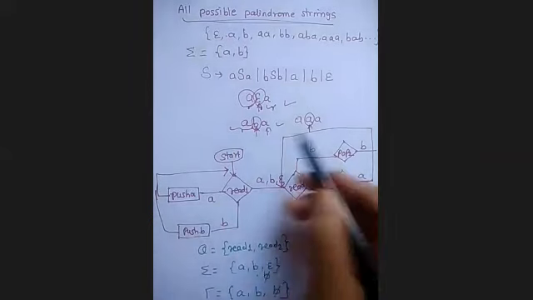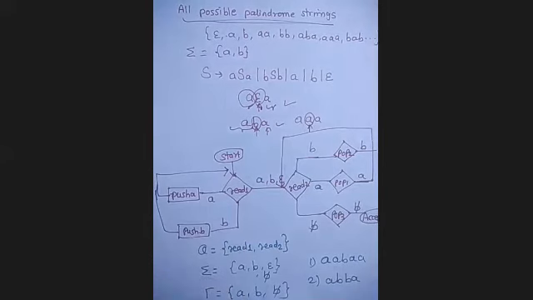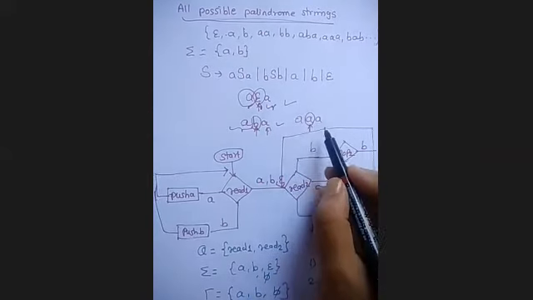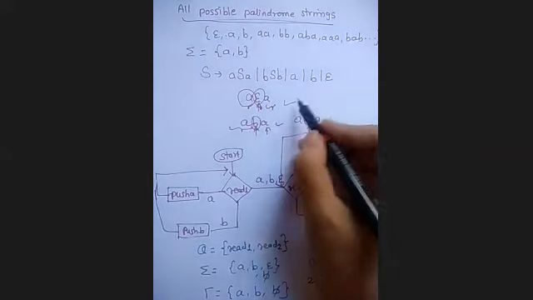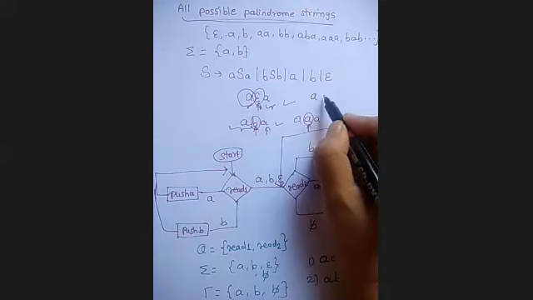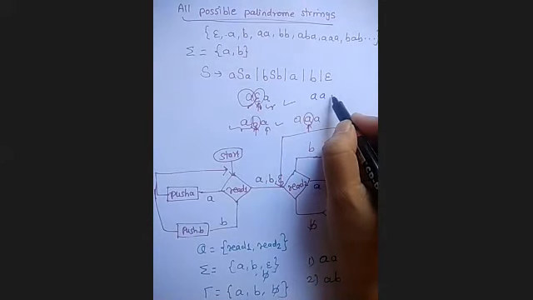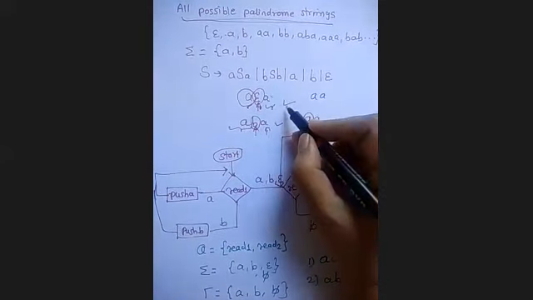Now the logic that we applied for the odd length palindrome will apply here for the even length palindrome. But in case of even length palindrome, there is no middle symbol. Suppose this is my palindrome AA, this example we have seen.